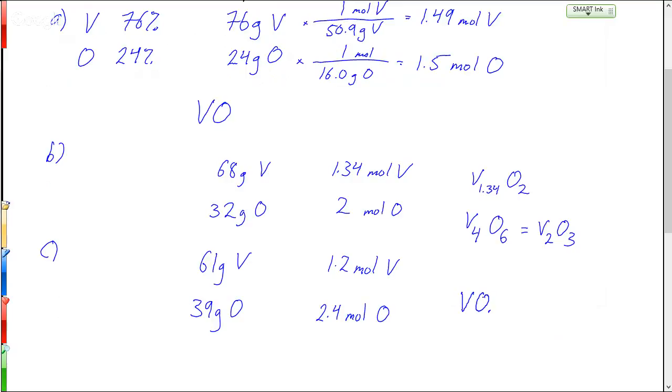So that one's going to be VO2. 2.4 divided by 1.2 is 2.